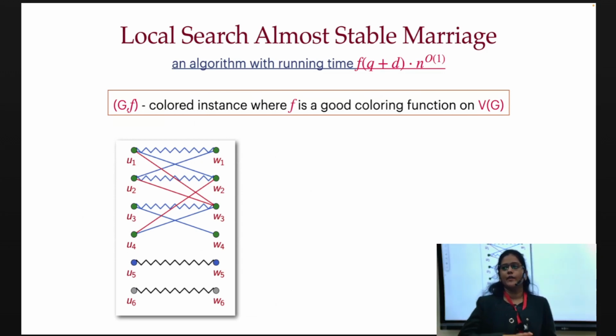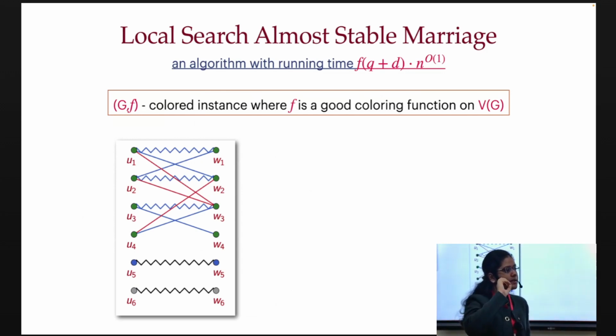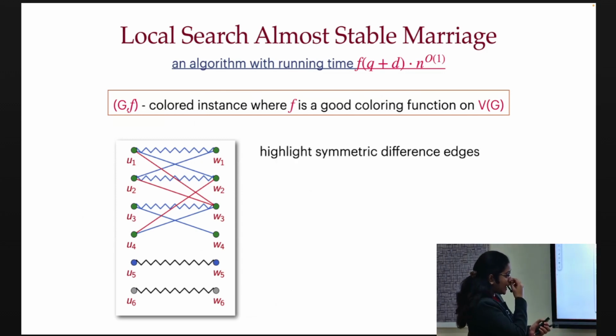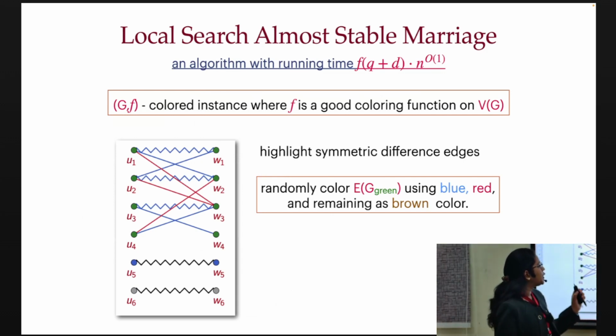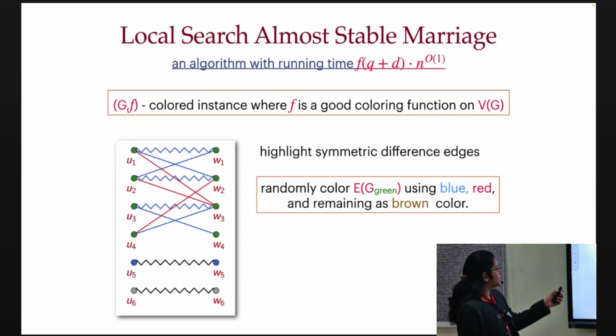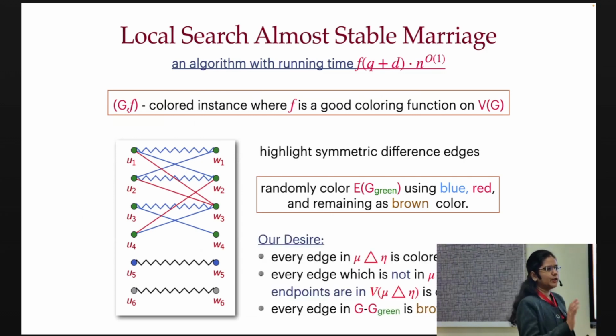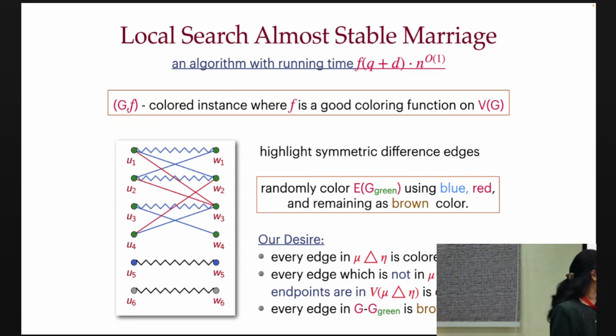So now within this set we will try to highlight symmetric difference edges. Now randomly color edges within this green set using blue and red as we have already done. All the other edges you color brown, we do not care. We just need coloring because we are not deleting anything and it is a colored instance.